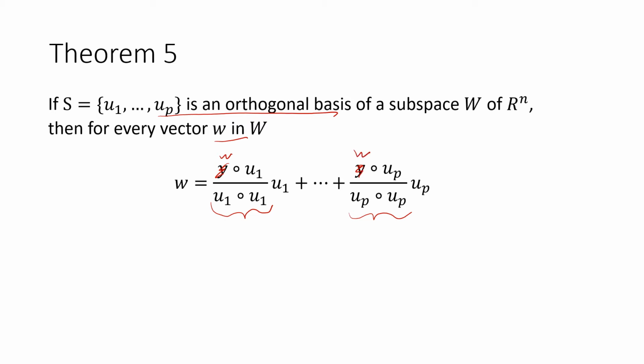The coordinates are your vector dotted with the first element of your basis, divided by that element of your basis dotted with itself. So it gives you an easy way to get the coordinates of a vector, but this only works if your basis is orthogonal.